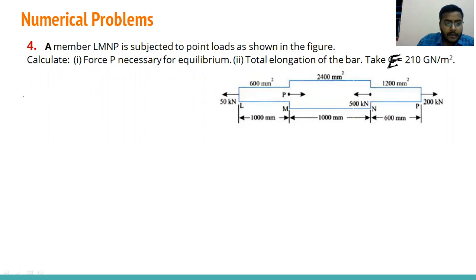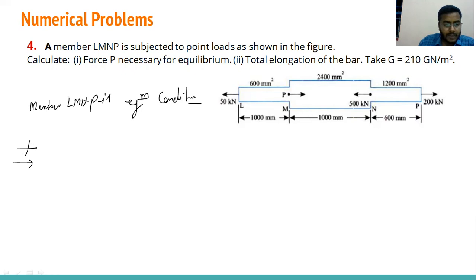Okay, so I'm assuming this body is in equilibrium condition. So member L, M, and P is in equilibrium condition. So we can apply this, all right side forces are positive.